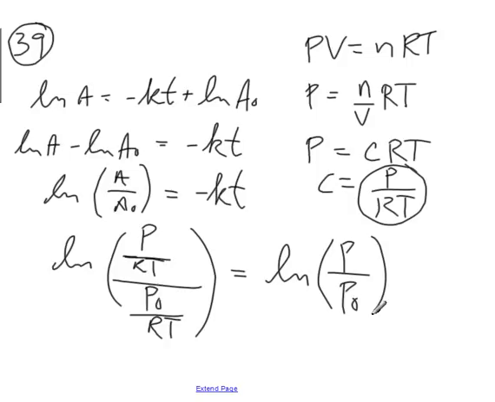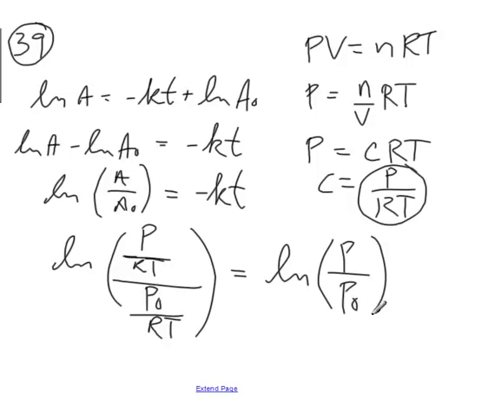So what I've just shown is that the natural log of A over A0 is the same as the natural log of P over P0. So you can substitute pressures for concentrations. It also explains why the units don't matter for pressure.